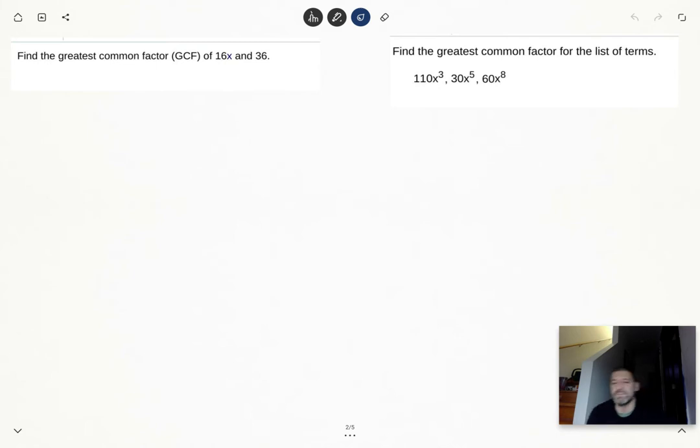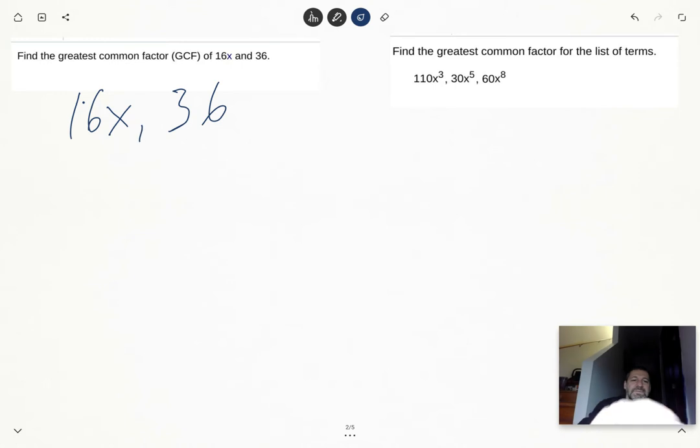The same strategy holds true when you're looking at expressions with variables as well. So if I have 16x and 36, I'm not going to do the factor tree. I am just going to, in my head, think about the largest number that goes into both of those.